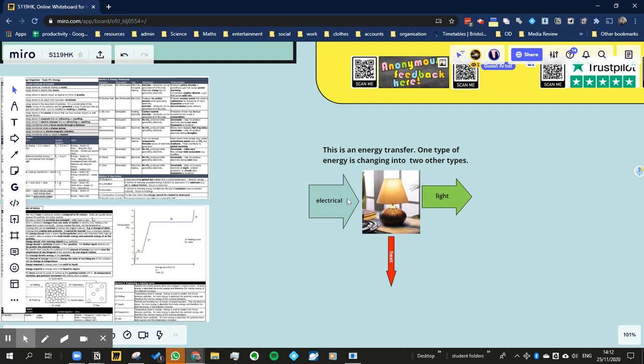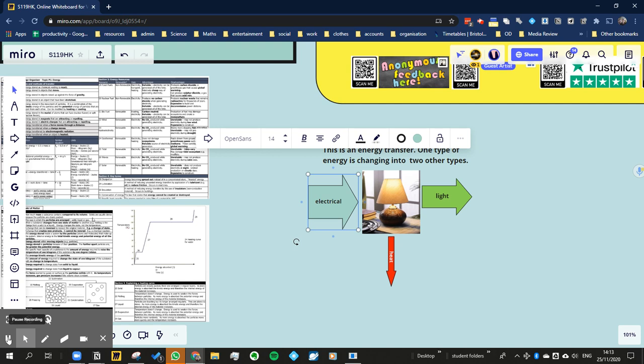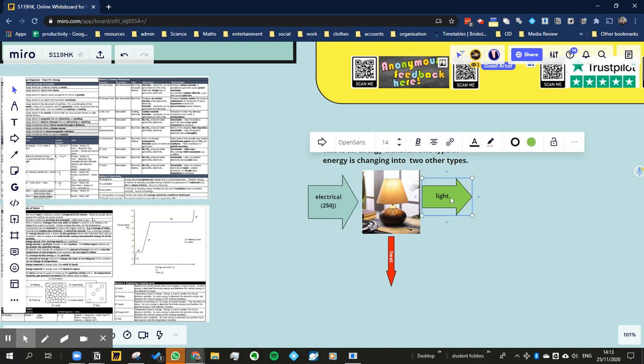So let's imagine. Can you remind me, what do we measure energy in? Excellent. Yes, it's joules. So let's pretend that we've given it 250 joules of energy, and we had 215 joules of light energy. Can you work out how much heat energy would have been produced?